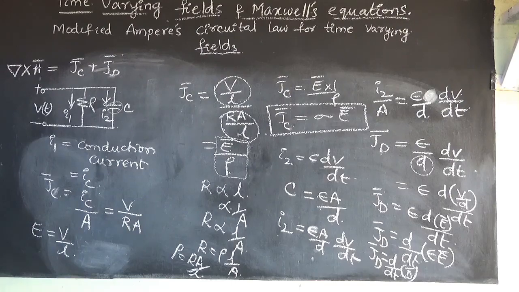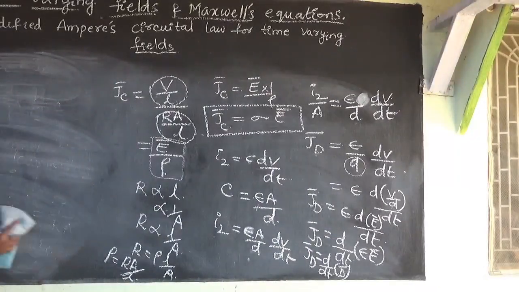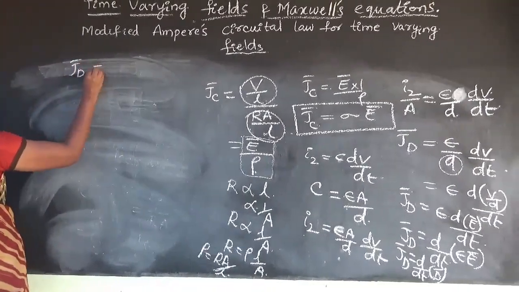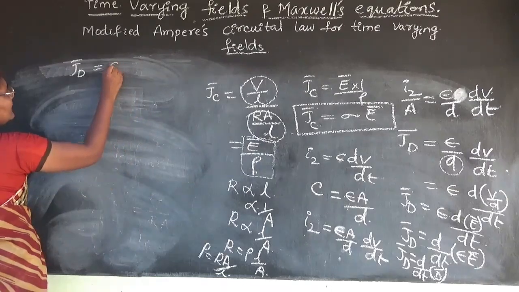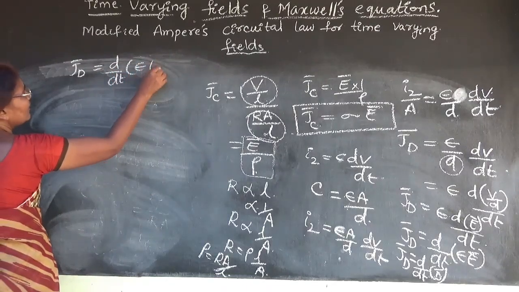I will rub it and I will explain this. So finally, what is J_D bar I got? J_D bar is equal to d by dt of epsilon E bar.